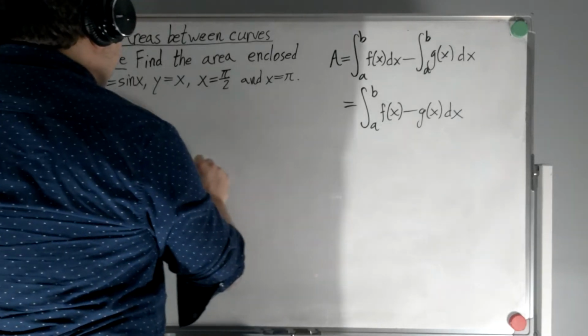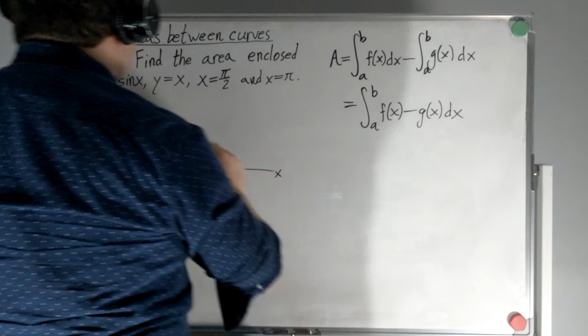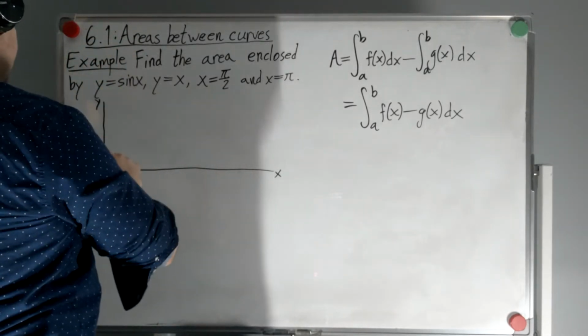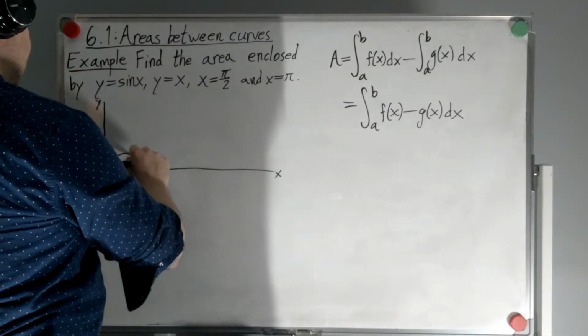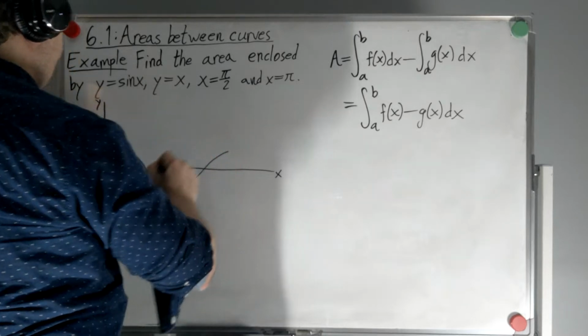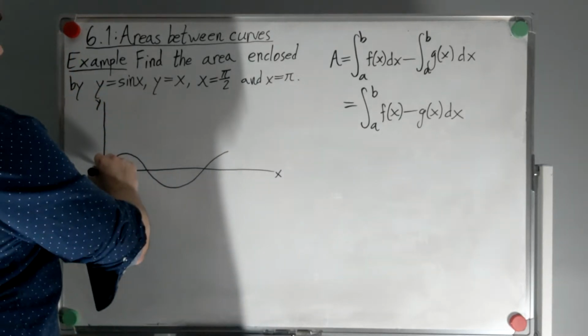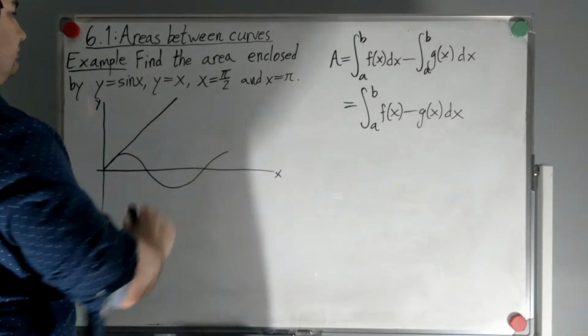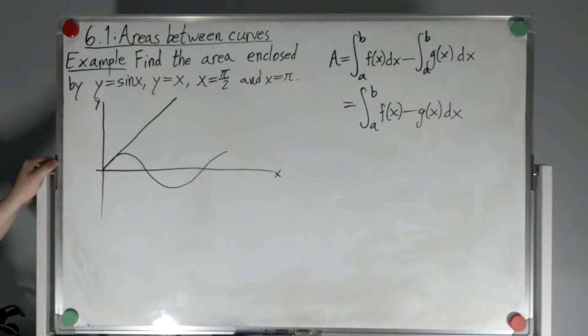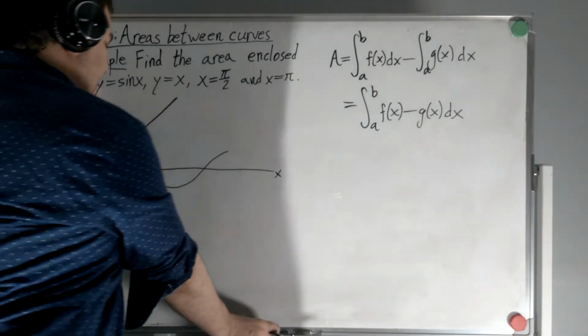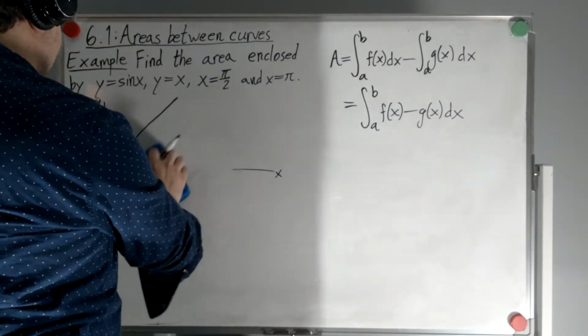Now, in this example, sine x kind of looks like this, and y equals x kind of looks like this. Okay. Well, actually, I suppose we can do a bit better than that as far as the diagram goes.